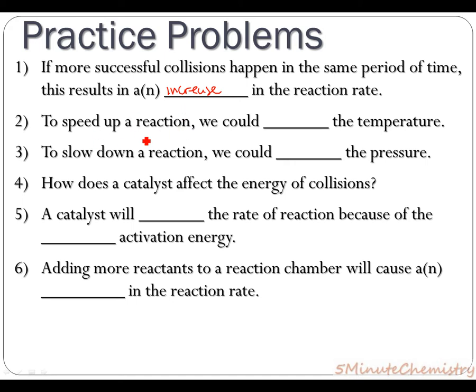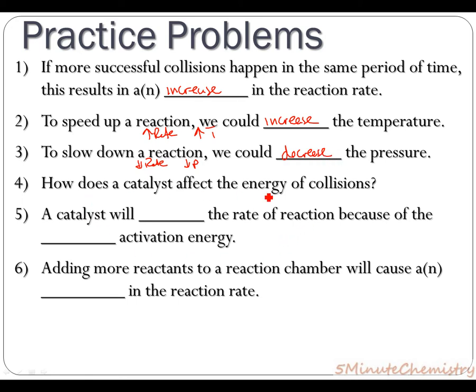So speed up, I want to increase rate, so I should increase temp. So we would increase the temperature. To slow down a reaction, so I want to decrease the rate, you would do what to the pressure? So less rate would mean less pressure. I should decrease the pressure.